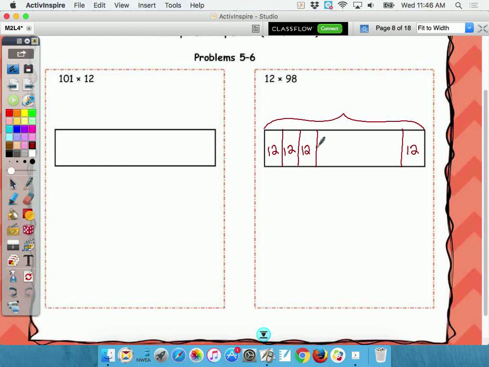I'm thinking about this tape diagram. So 98 I'm going to think of as what? 100. Since 100's more, I better get it on top.